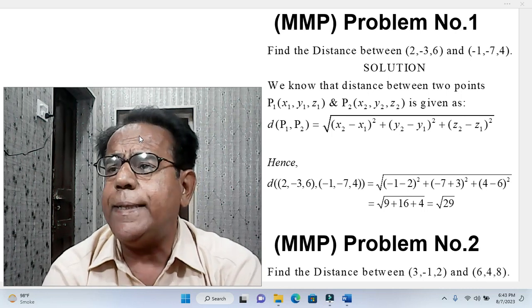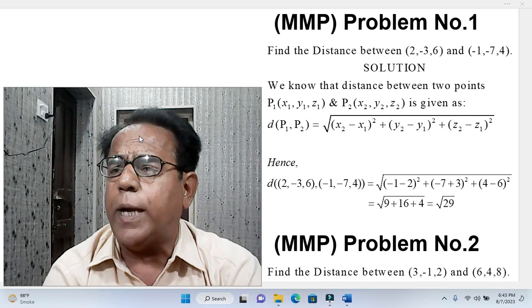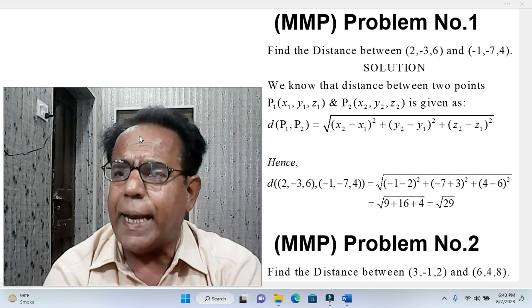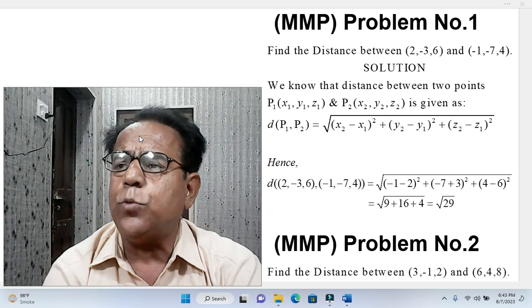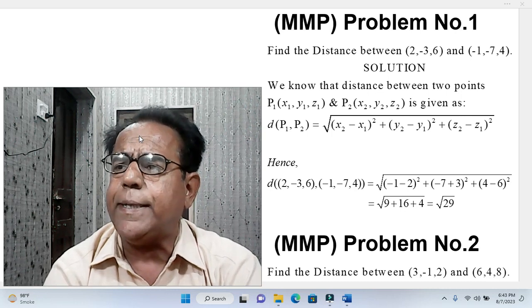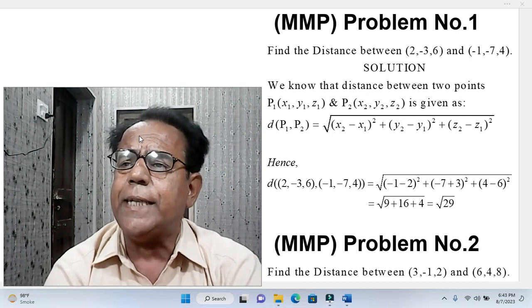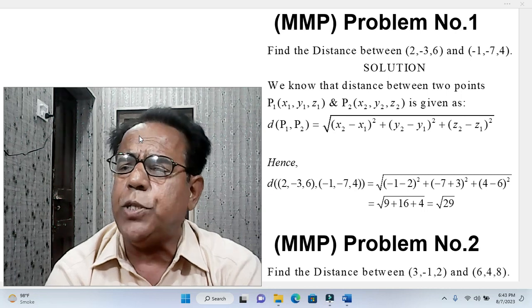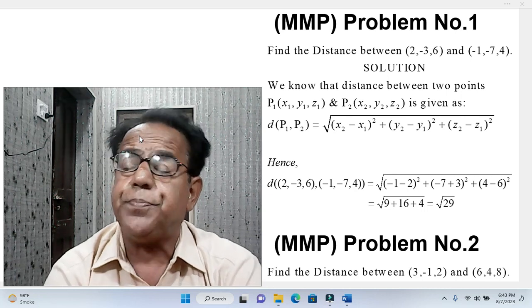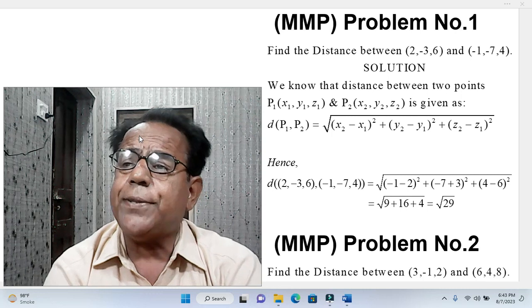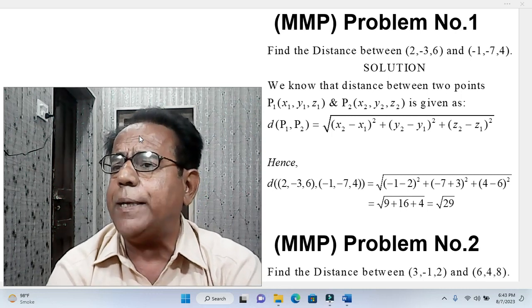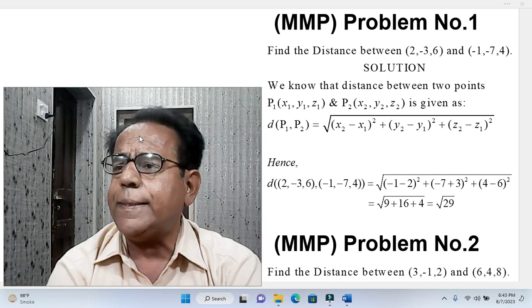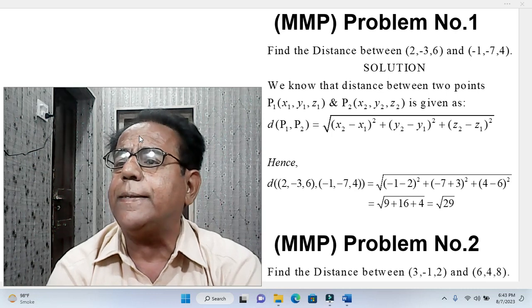We know that the distance between 2 points P1 (x1, y1, z1) and P2 (x2, y2, z2) is given as distance between P1 and P2 equal to under root (x2 minus x1) square plus (y2 minus y1) square plus (z2 minus z1) square.